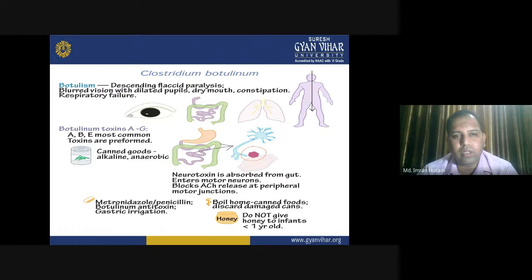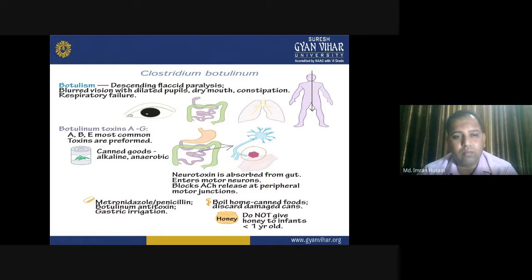Botulism toxins A to G; A, B, and E are the most common. Toxins are preformed, especially in canned foods, under alkaline and anaerobic conditions. The neurotoxin is absorbed from the gut and enters motor neurons. It blocks ACh release at peripheral motor junctions.